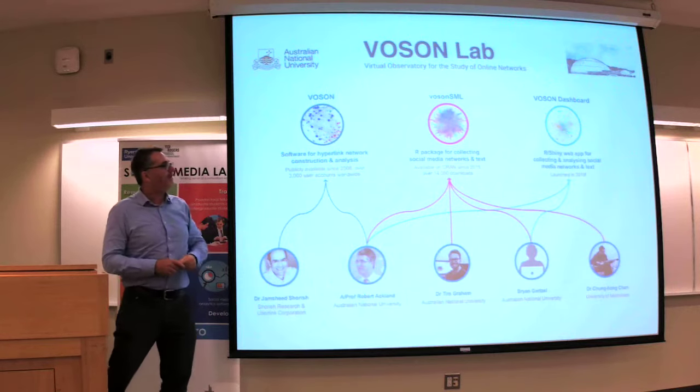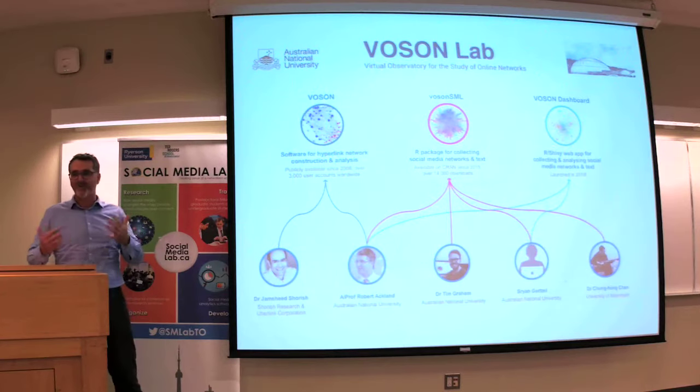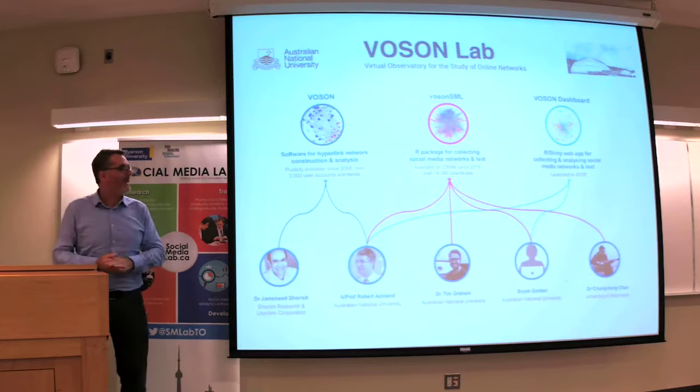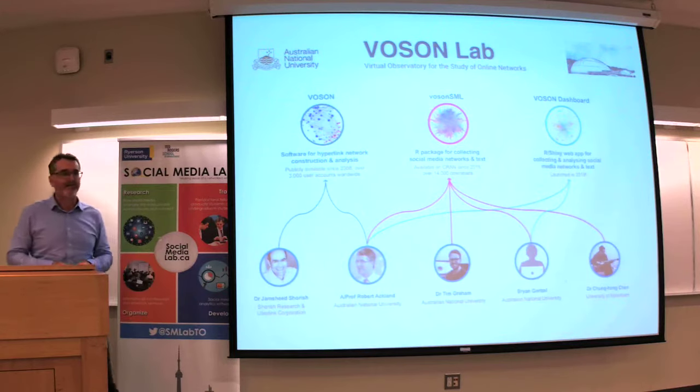Boson SML, we used to call it Social Media Lab, but that was a source of confusion because there was already another Social Media Lab here, so we renamed it Boson SML. It's an R package for collecting network and text data from social media.